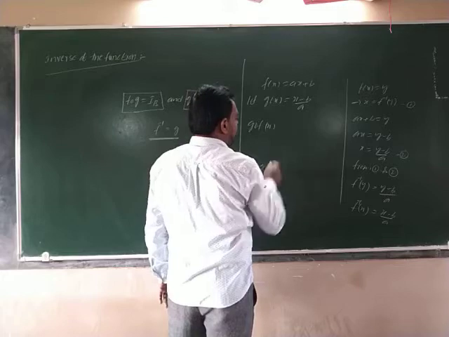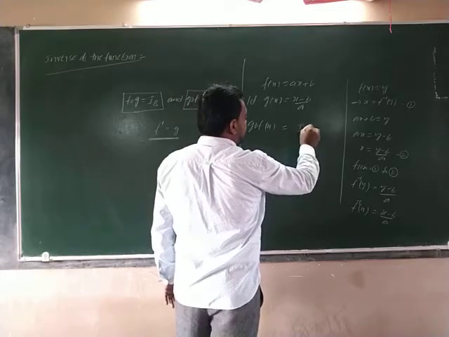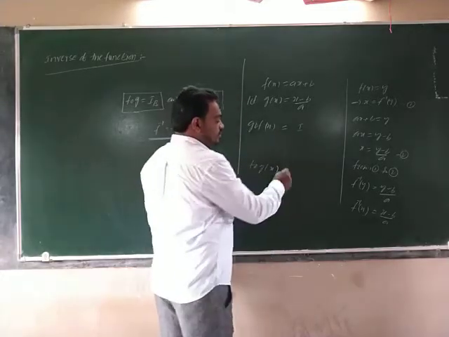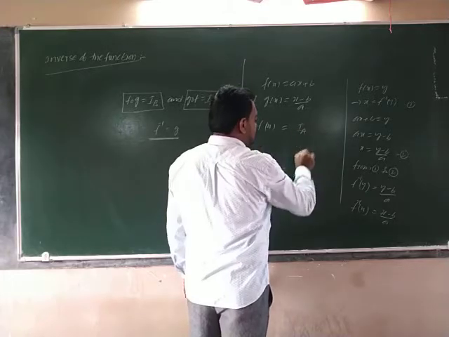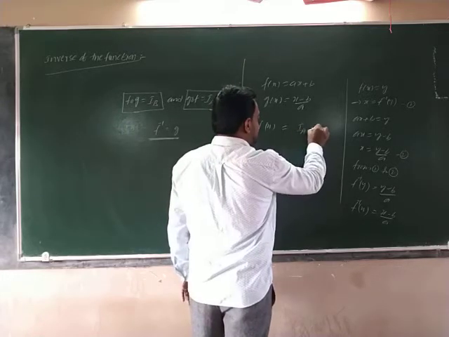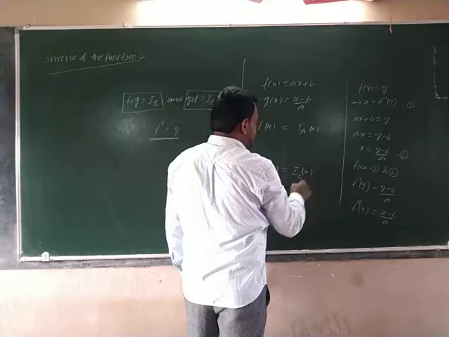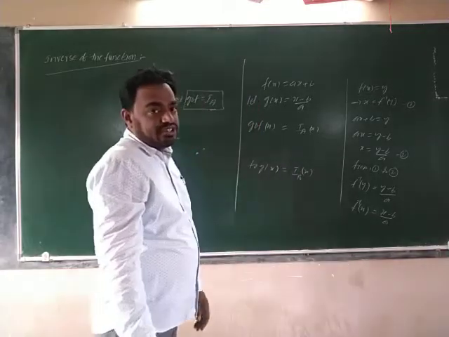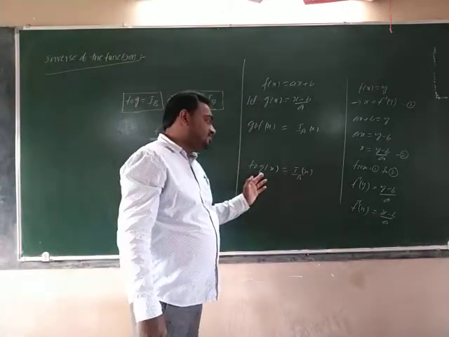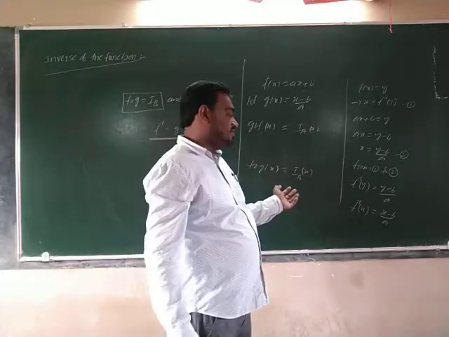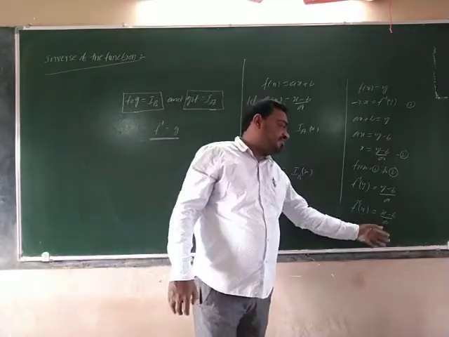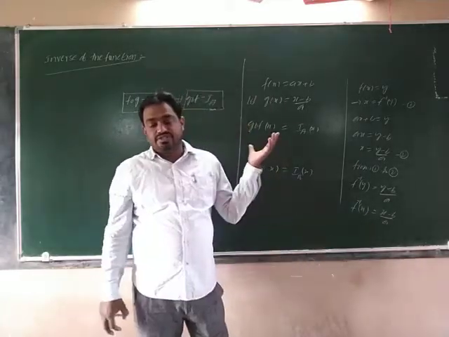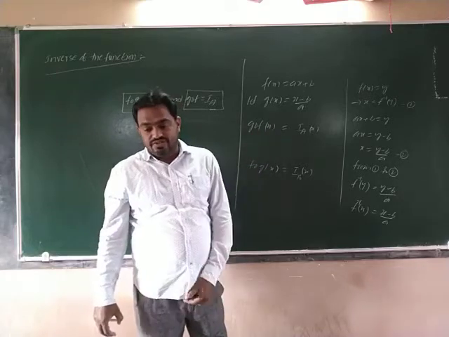These definitely give identity functions only. This is IA, this is IB that we are getting. Therefore, f is an invertible function. F inverse is equal to g, f inverse of x equals g of x, which is x minus b by a. So this is the process to find the inverse of the function.